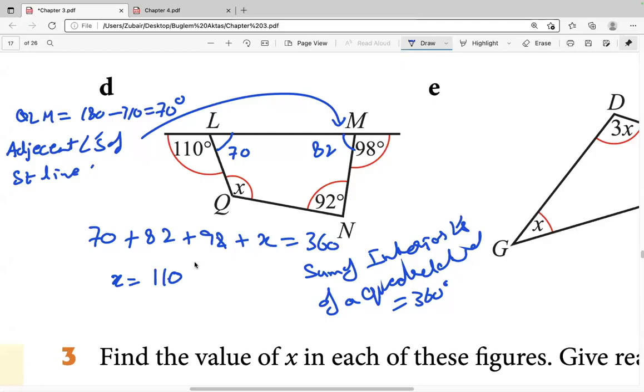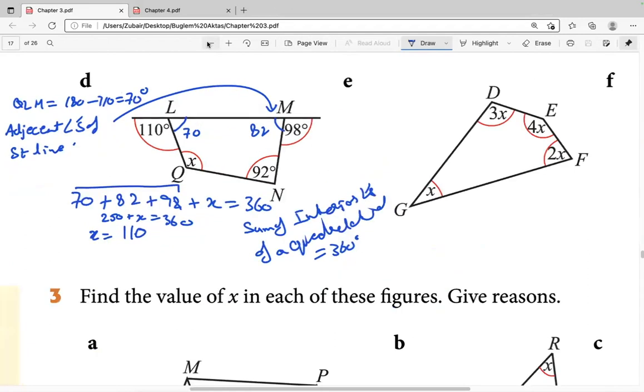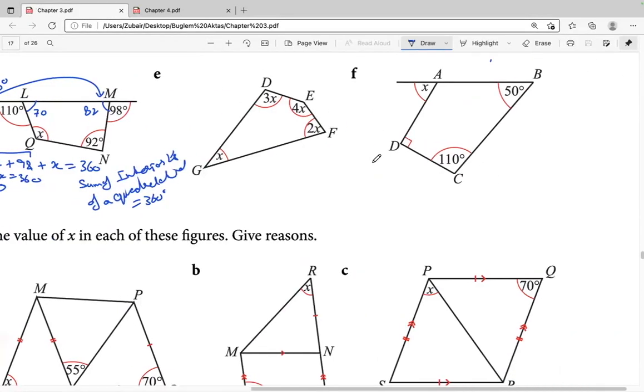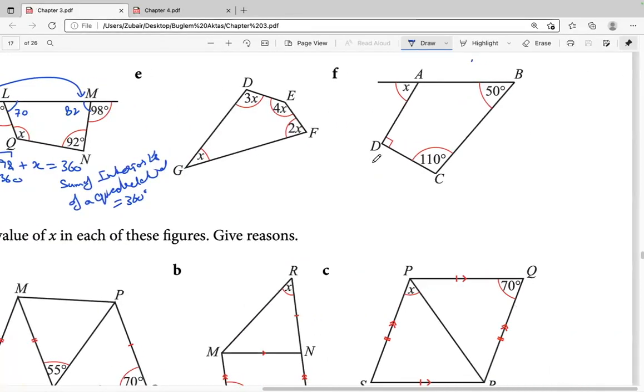Are you saying the sum of 70, 92, and 82 is 110? X is 110. The sum of these three angles is 250. Then you subtract it from 360, and it gives you 110. Okay.